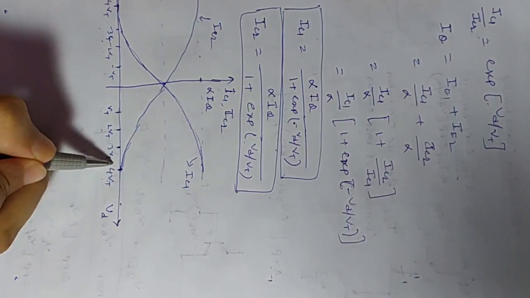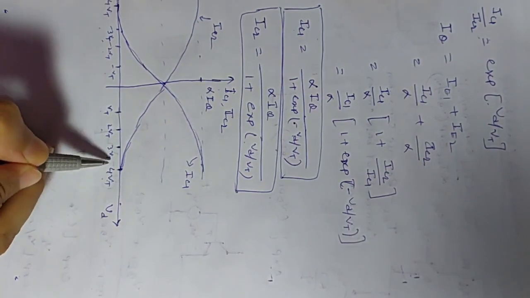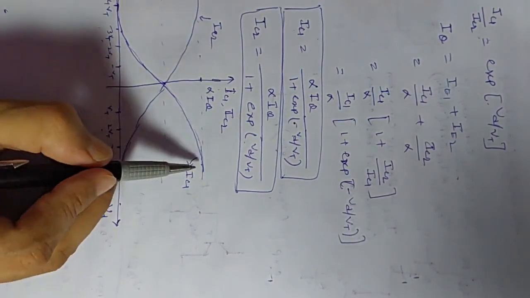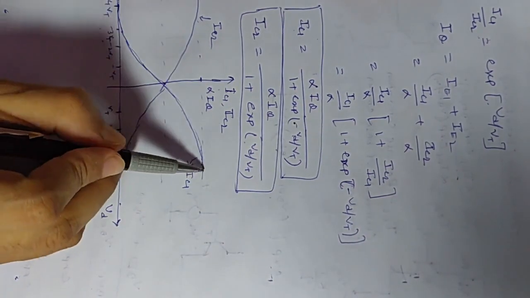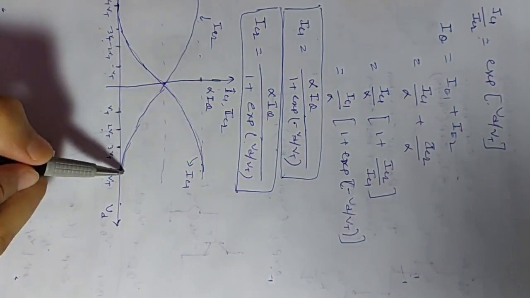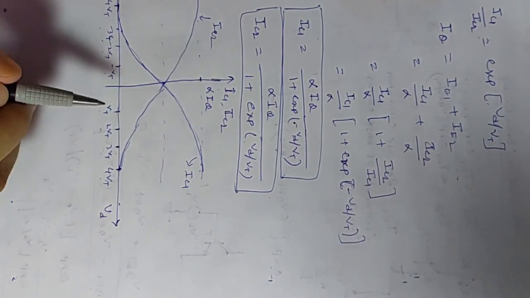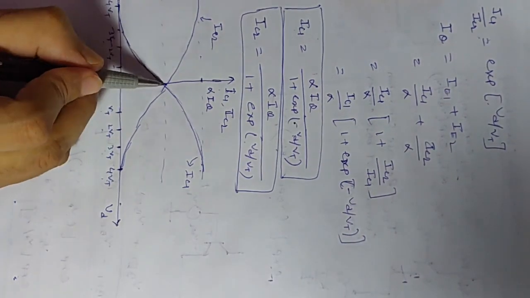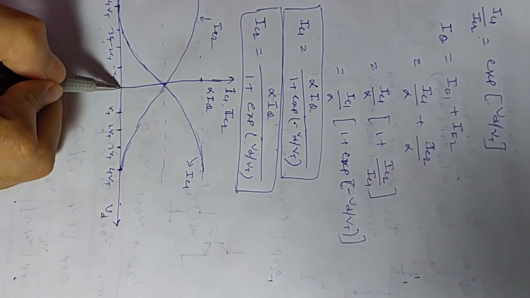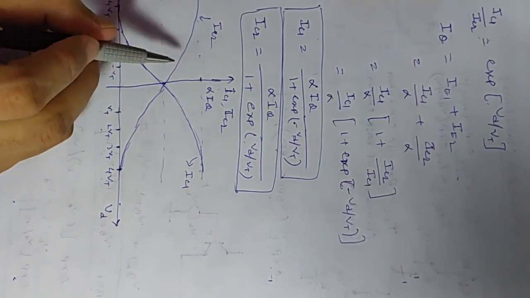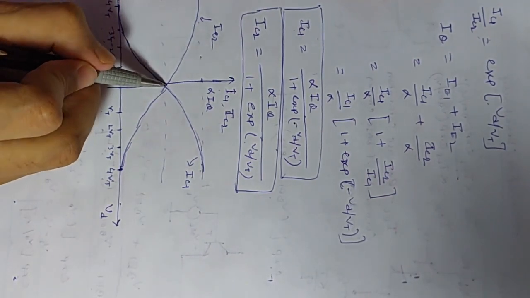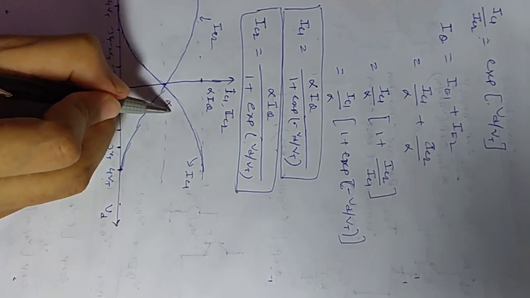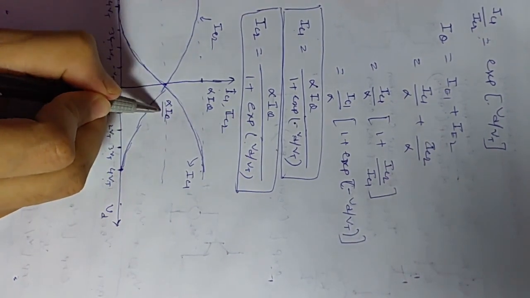Around 4 times Vt, IC1 will achieve alpha times IQ amount of current, and IC2 will be 0. And at this point the input voltage is 0, so both IC1 and IC2 will have the same current, which is alpha times IQ by 2.